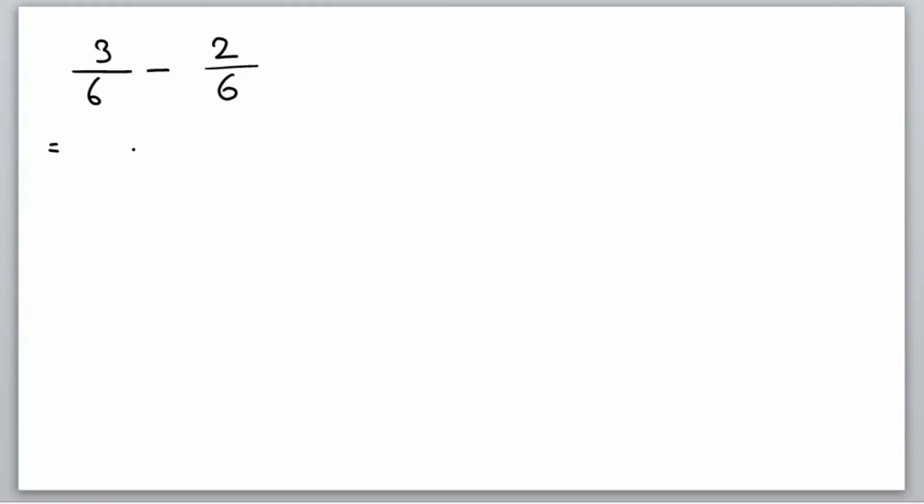We subtract the numerators and the denominator will stay as it is, as we already know how to subtract fractions with like denominators. It will be 1 over 6. So our final answer will be 1 over 6. Let's take another question.